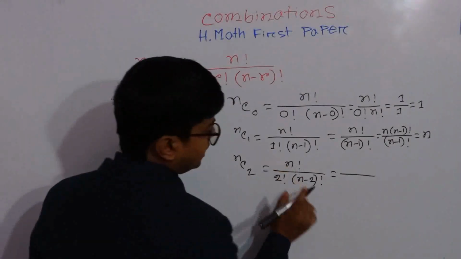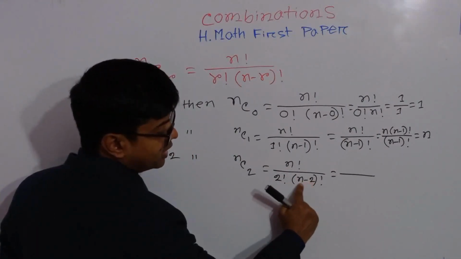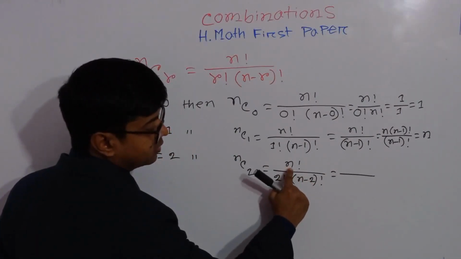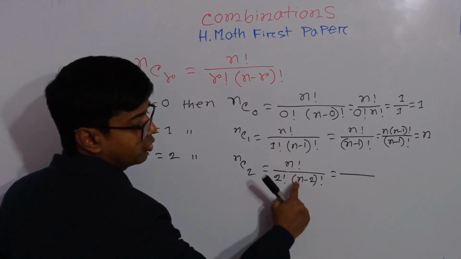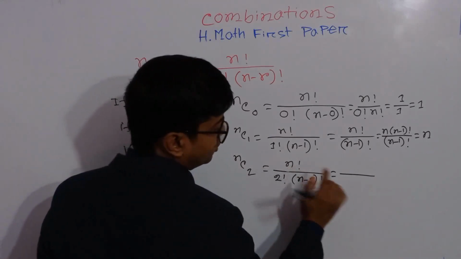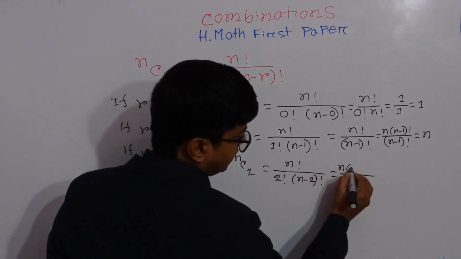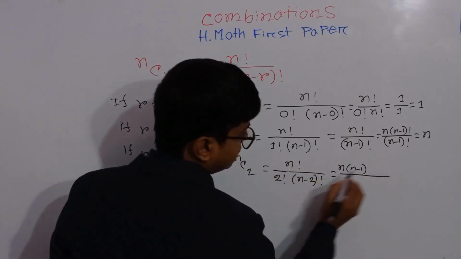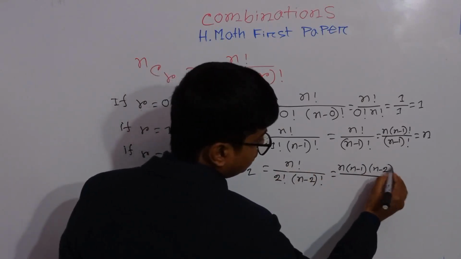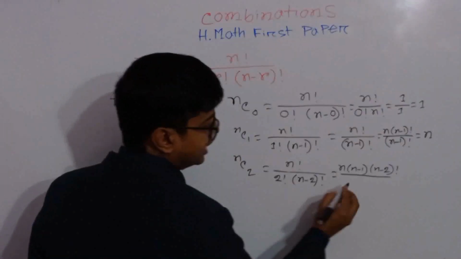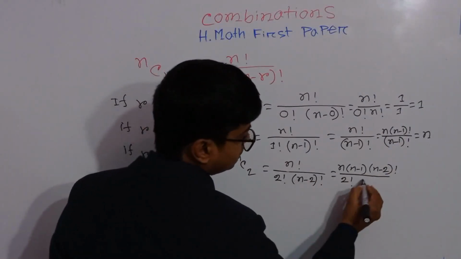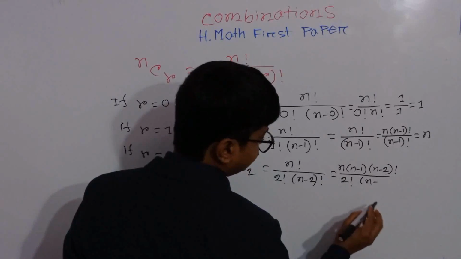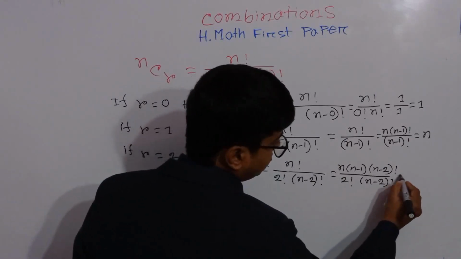Look at this, factorial n and factorial n minus 2 are not the same, so we can write n into n minus 1 into factorial n minus 2, over factorial 2 into factorial n minus 2.